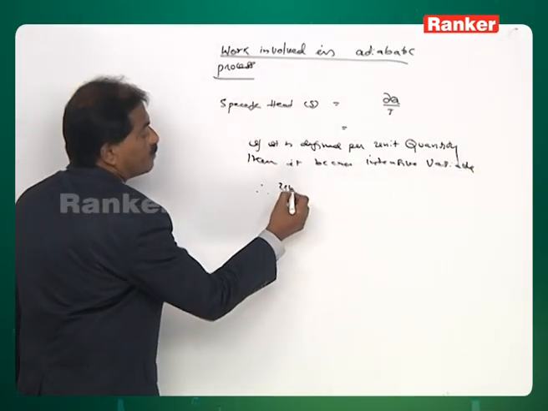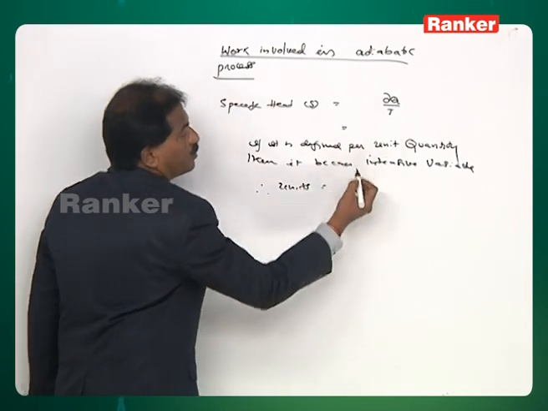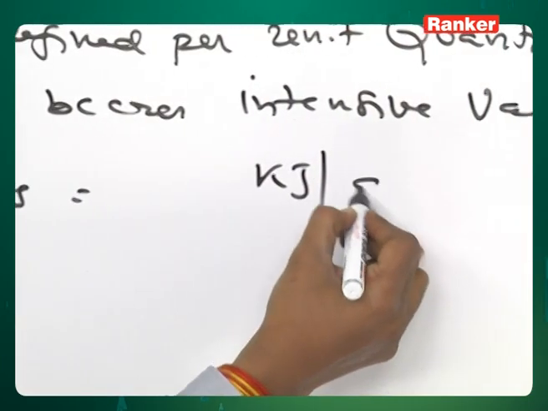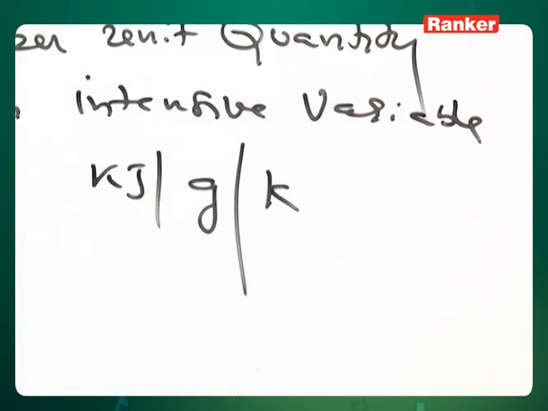Therefore, units: this dq is so many kilojoules per gram per Kelvin.